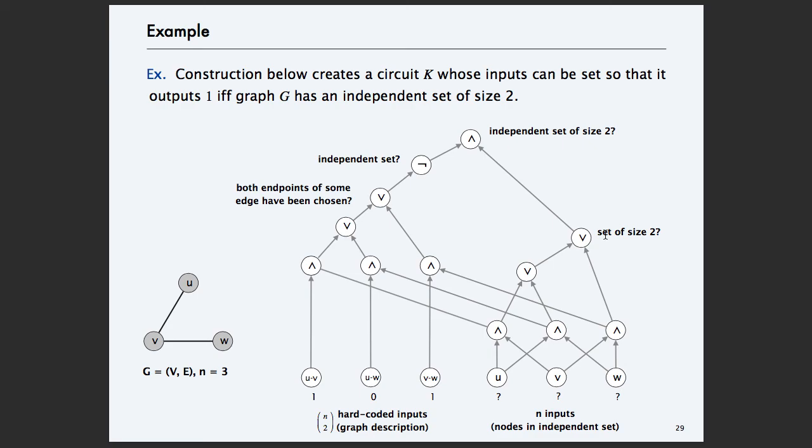It's an and of 2 of them, so either these 2 or these 2. Why couldn't you have all 3 of them?